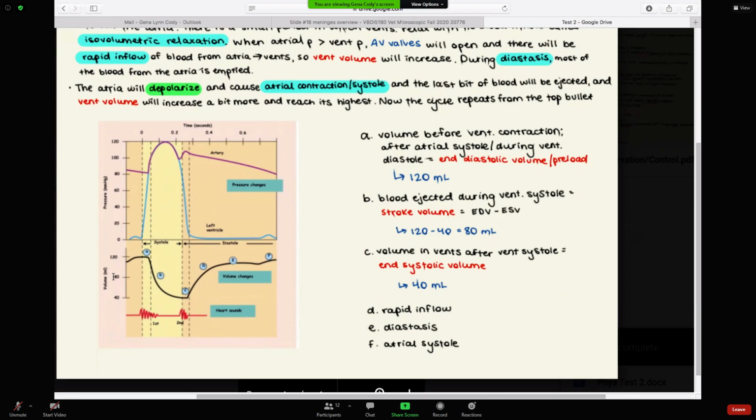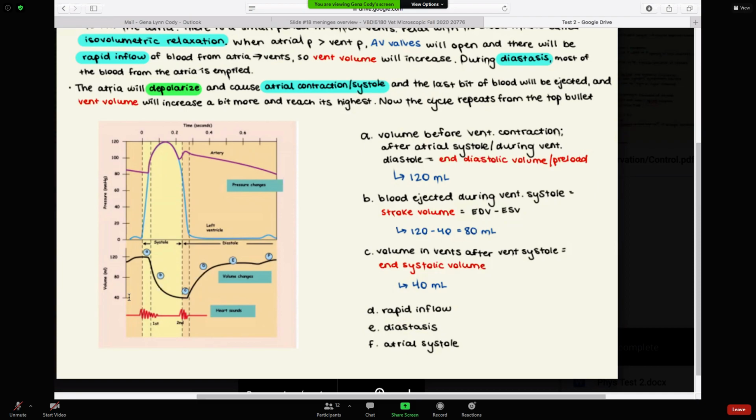My ventricles are fully relaxed and they're about to contract, right, in diastole. So on this graph, it's 120. In systole, they contract all their blood, or most of their blood. And then what's still left in the heart, right, is about 40. So that's end systolic volume.